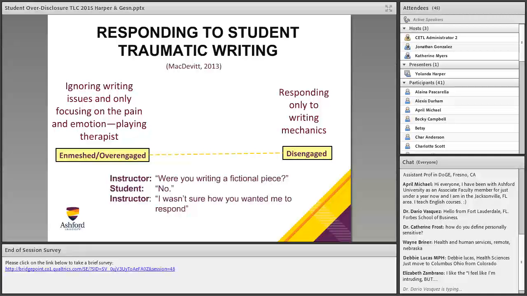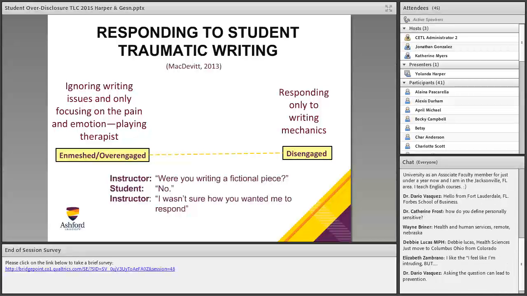So this particular I statement is almost similar to a question in that it displays uncertainty and perhaps an openness to a response, but it doesn't absolutely direct or demand a response from the student. So it gives that student the option of whether or not to respond further.